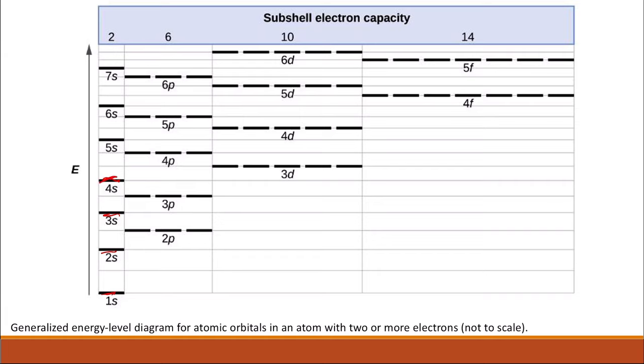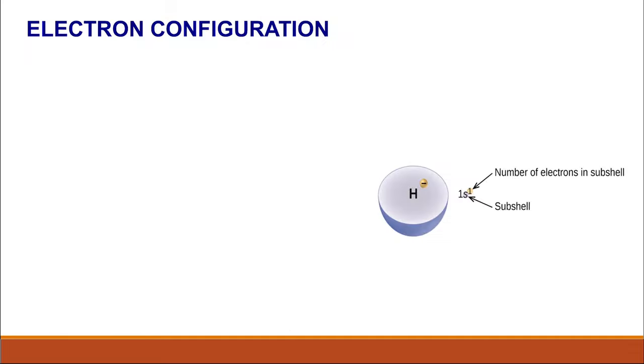So when the electrons start to fill the orbitals or the subshells, they are going to fill the 4s before they fill the 3d. And then after the 3d, they're going to fill the 4p and so on. So this is how the energies of the different subshells are arranged.